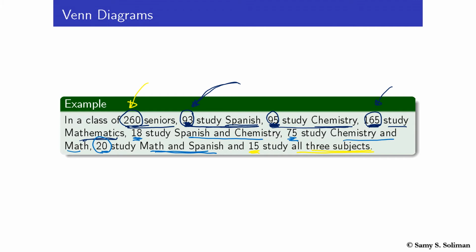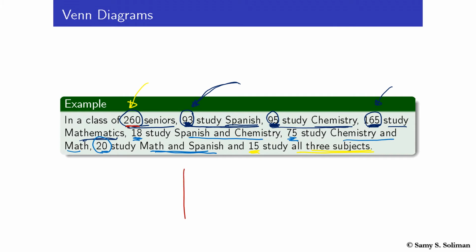So now if we are wondering how many students are not studying any of the three subjects, how many of the 260 are not taking Spanish, nor chemistry, nor mathematics, how would we find this number? Venn diagrams can be used as a useful tool to help us answer this question.